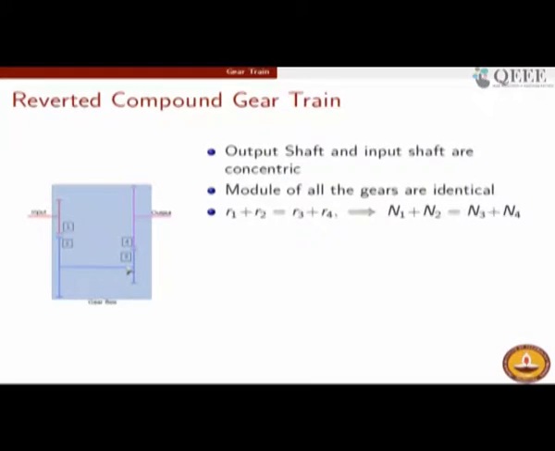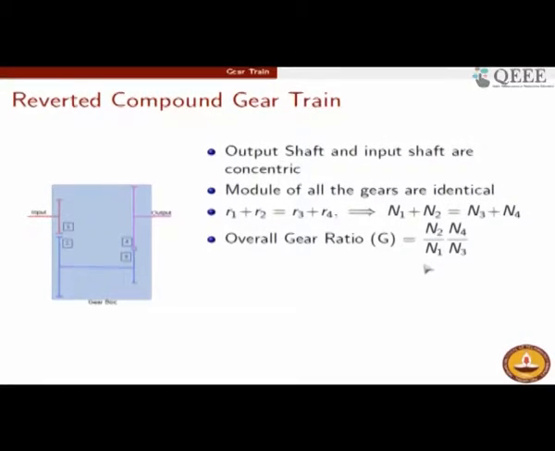You could technically choose different modules for 2 and 3, but that is not done, more as a matter of standardization than anything else. So the module of all gears is chosen to be identical in a gear train. And once you have that, the geometrical relationship of the radii boils down to a certain relationship even in terms of the number of teeth in each gear.